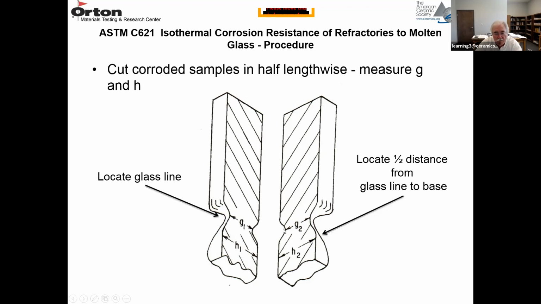And then once you have this glass cut line established, you go 1/2 the distance from the glass cut line to the base, and you take a measurement H2 and H1 and take that thickness.